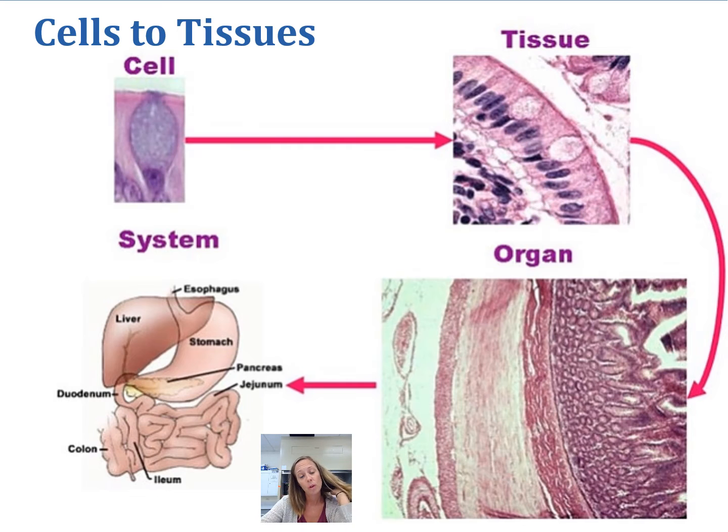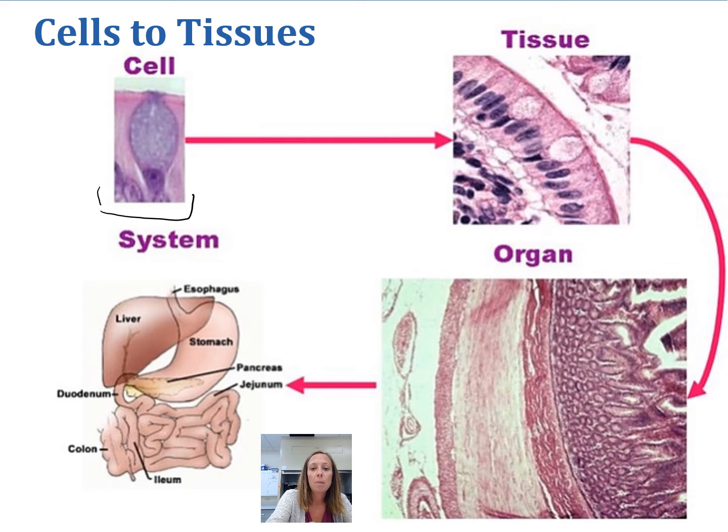So in this lecture, we're going to focus on cells going from cells into tissues. This slide shows an overview of it all. We have a cell right here. This is a goblet cell in simple columnar tissue.